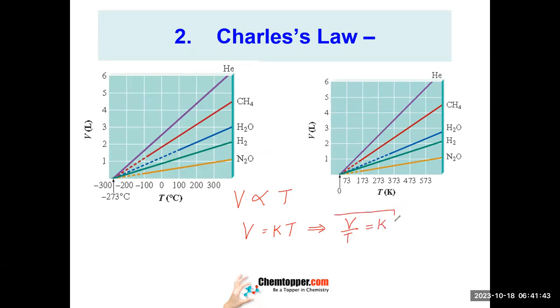What's the mathematical form of this law? Mathematical. The one which I can use in questions. If initial volume is V1, initial temperature is T1, then V1 over T1 is K. If I raise the temperature to T2, volume changes to V2, that is also equal to K. So mathematical form is V1 over T1 is V2 over T2.